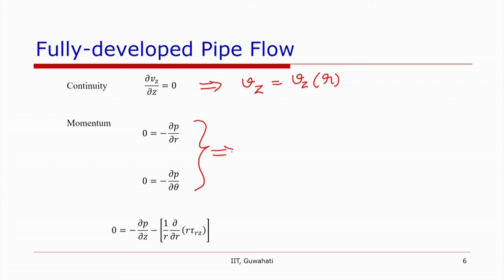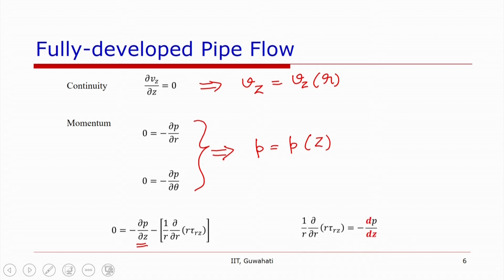So that again means that P is a function of z only. So this partial derivative we can change to a total derivative. You can see here in this equation, this has been rearranged. The second term has been brought to the left hand side, and we see that 1 over r del over del r of r tau rz is equal to minus dP by dz.